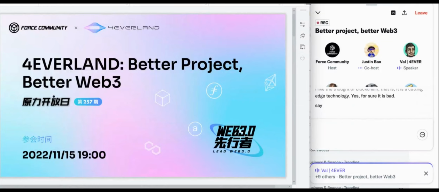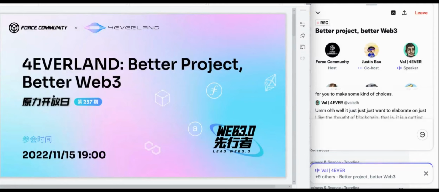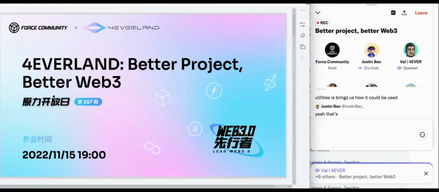But at this stage of development, it is really important to understand what kind of utility this brings to us, how it could be used, whether it's only for speculation, whether it's only for storing some pictures, some NFTs, all that stuff, or whether it is something even more.